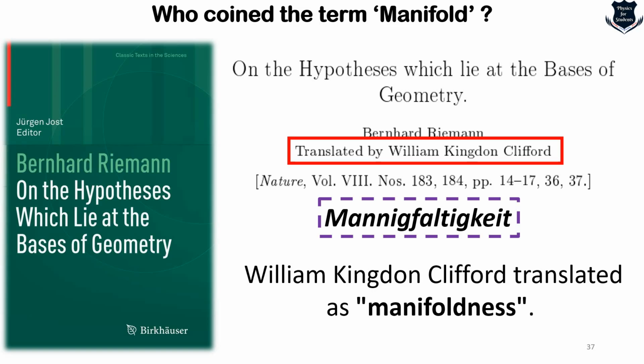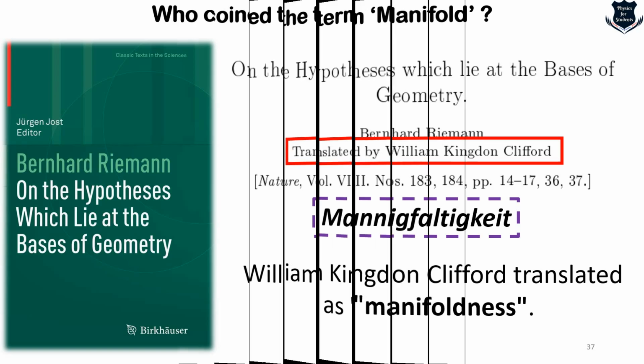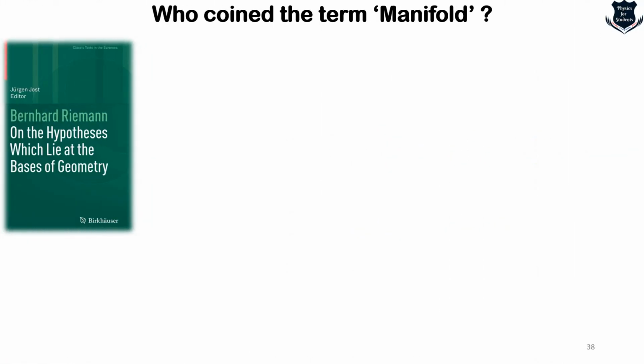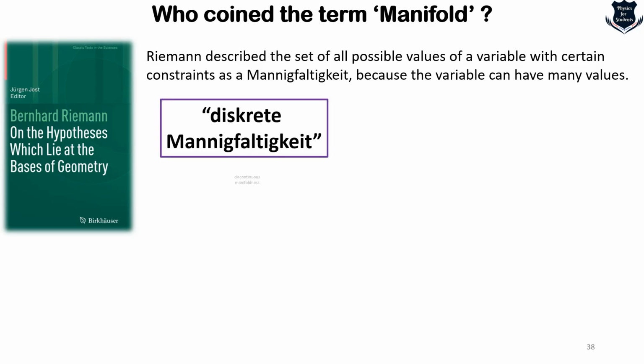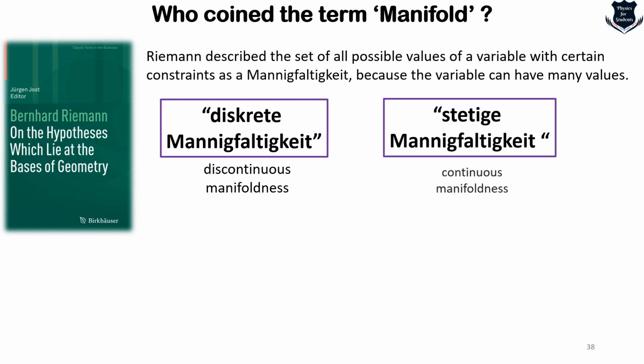Now, in his Göttingen lecture, Riemann described the set of all possible values of a variable with certain constraints, because the variable can have many values, obviously. He distinguishes between what is called a discontinuous manifoldness and a continuous manifoldness, depending on whether the values change continuously or not.